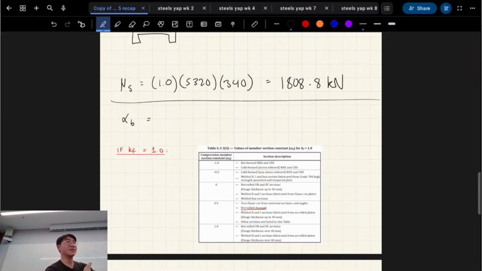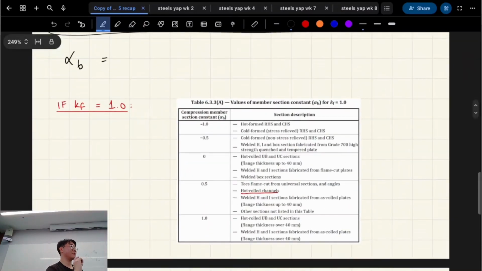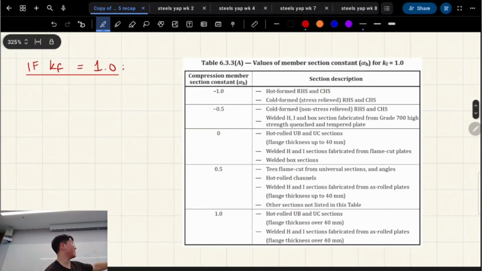So now we're just calculating buckling constants, right? So alpha B, this is like kind of a material and how you produce your steel constant, right? So there's a bunch of different ones. I know I just erased the answer. Have a read of this. So this is a table if your form factor is 1.